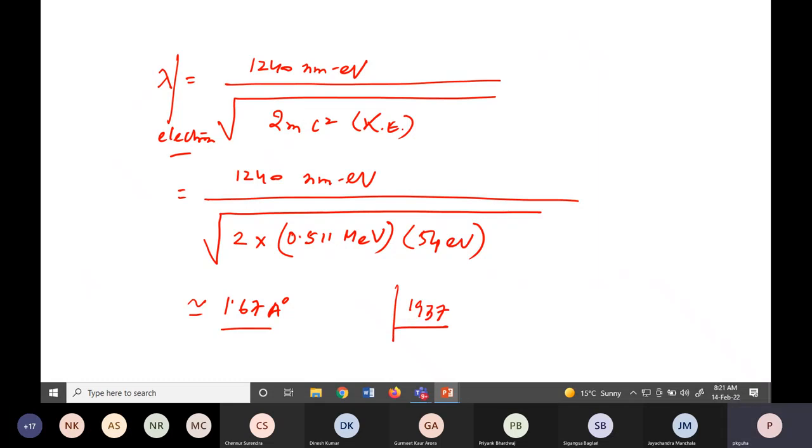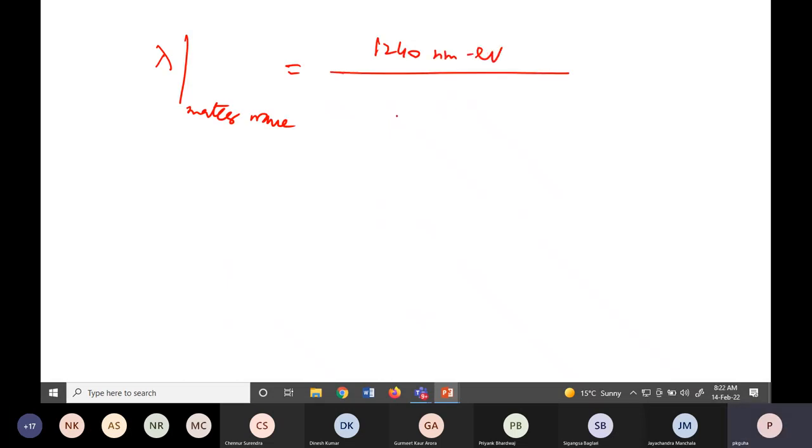Now the thing is, please note here that, let me write it once more. So lambda of the matter wave is equal to 1240 nanometer electron volt over root over 2mc square multiplied by kinetic energy.